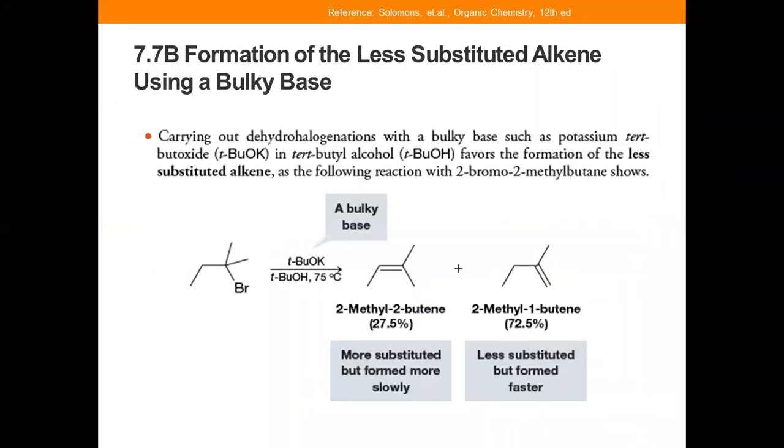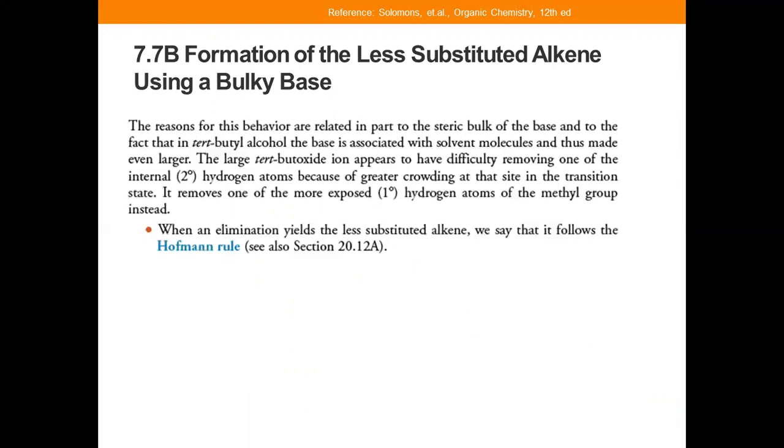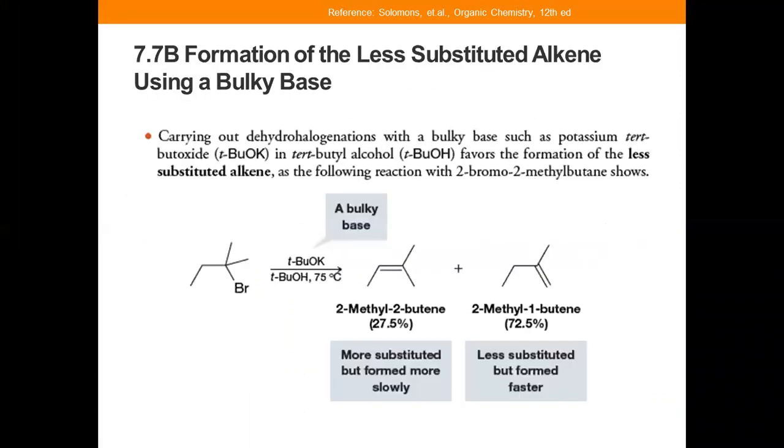Of course, the more stable product is letter B. It's highly substituted. Next meeting we will be discussing the formation of the less substituted alkene. It's also possible to form a less substituted alkene through dehydrohalogenation, just as in this case, where instead of the trisubstituted alkene, this one is produced in a larger quantity.